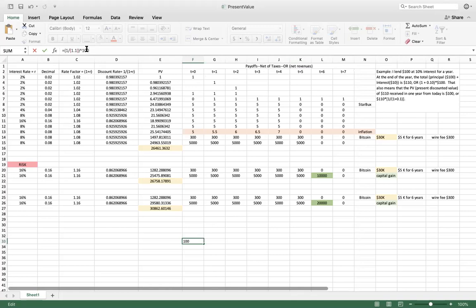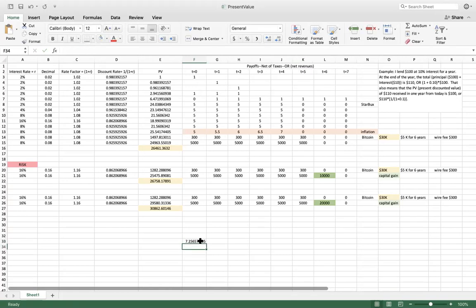Let's go to 100 years, and you can see it's less than a fraction of a cent. So most analysis that's done will only look at, and you could pick the time period for your analysis as long as you're consistent, 10 years, 15 years, 20 years, and that would be fine.